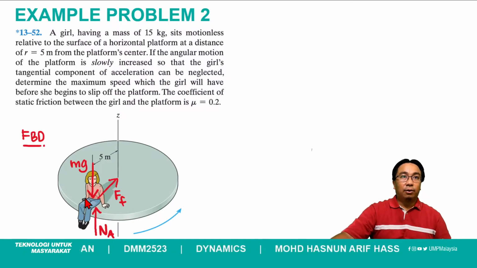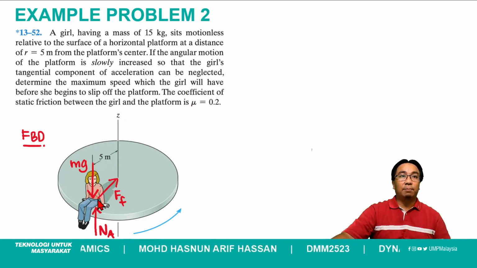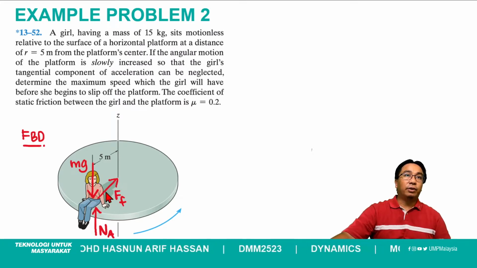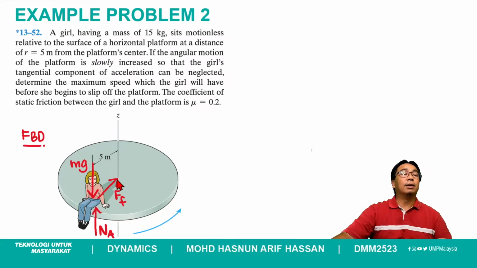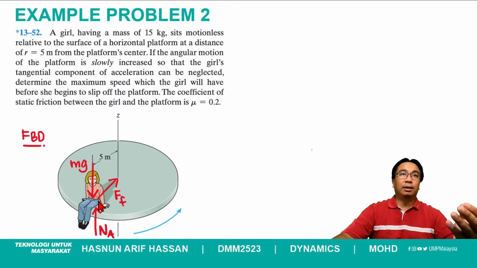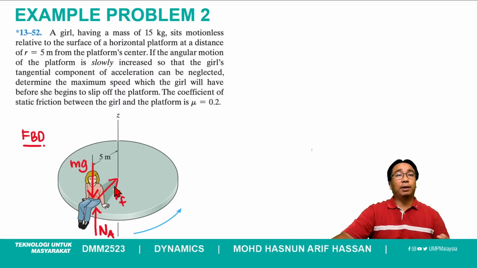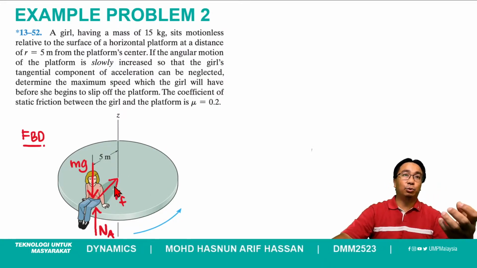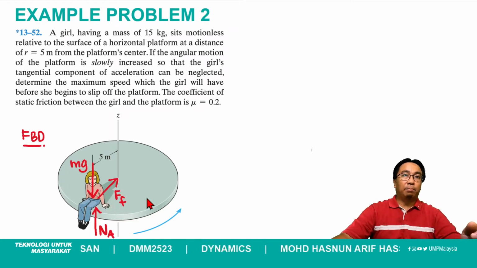Then there is also the coefficient of friction, so there must be a friction force. Friction force is acting towards the center point here, which is in the normal axis. Okay, this friction is preventing the girl from slipping off the platform. But when the velocity is too large, the acceleration is very big, then the girl will be slipping off the platform.